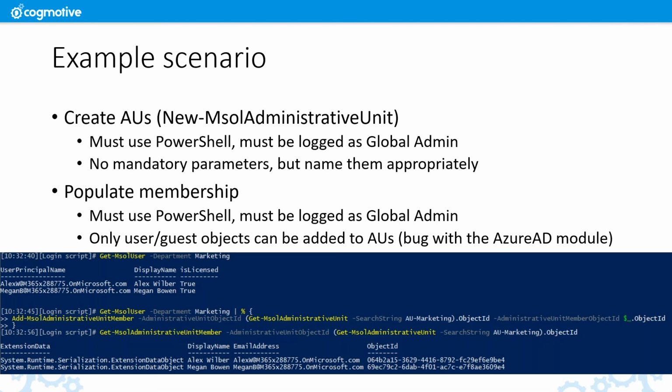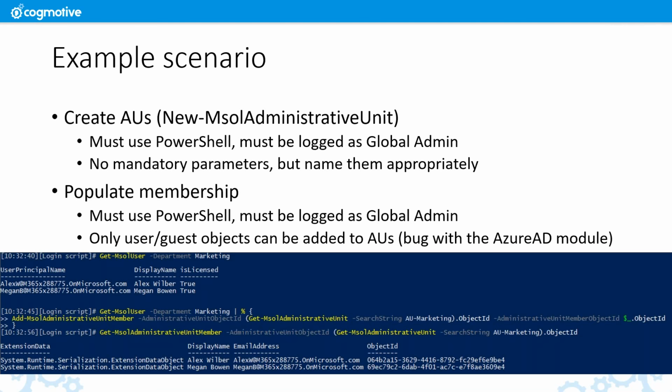There is currently a bug with the Azure AD PowerShell module, so if you use the commandlet to add an administrative unit member via the Azure AD module, you can designate the ID of a security group, and it will allow you to proceed.